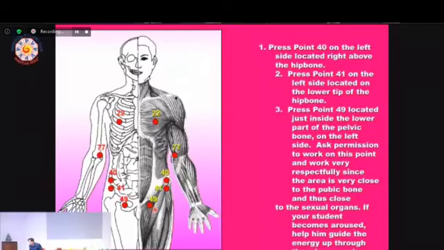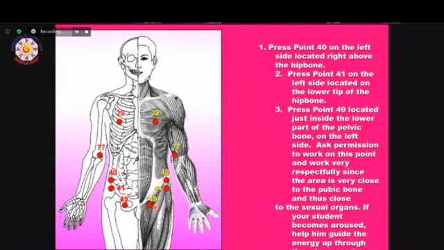So you see here 40, 41, 48, 49, 48, 49. So let's do this part.